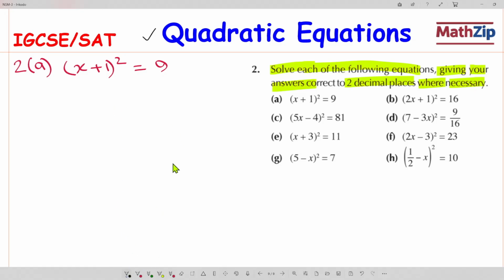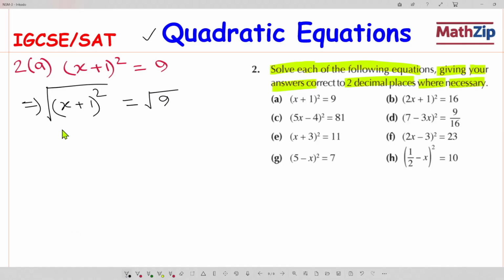So in these kinds of problems we make a common mistake. Our target is to find the value of x, so in this case we will take the square root of both sides. It means (x plus 1) whole square, square root, equals root 9, right?